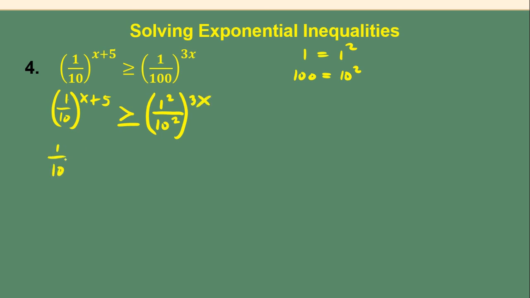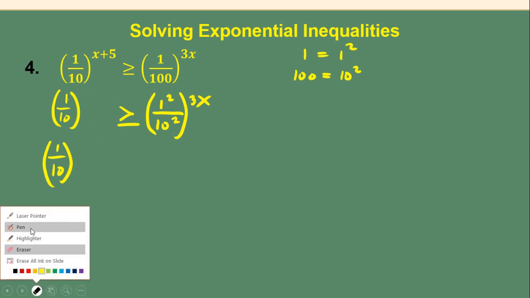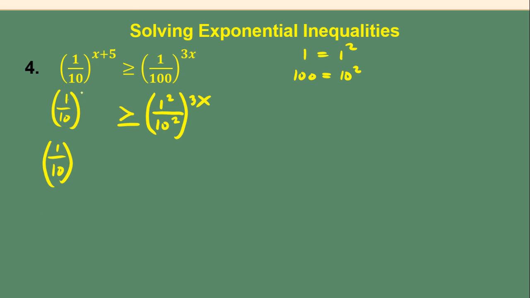So 1 over 10 raised to x plus 5. This must be the exponent, so this must be on the upper part of our base. So be careful when you are writing the symbols or the numbers.